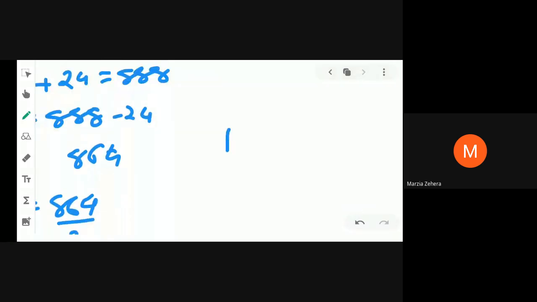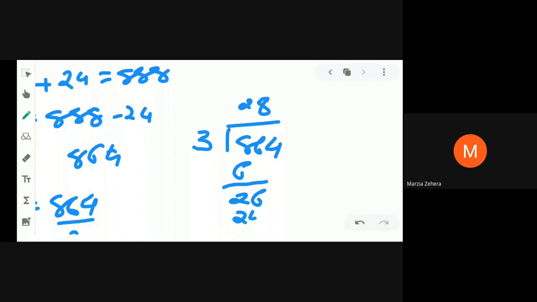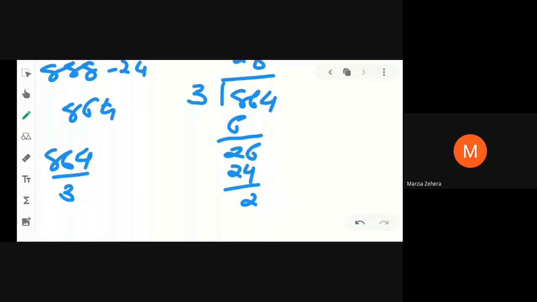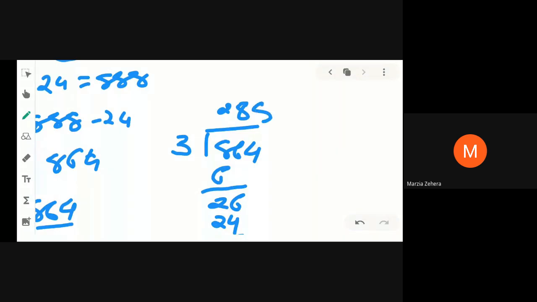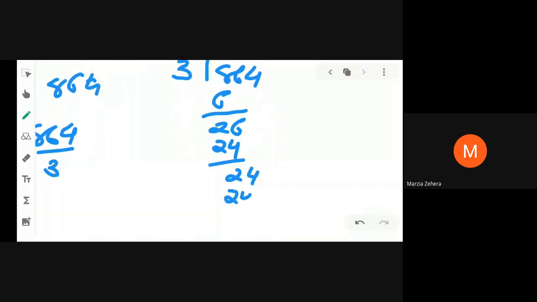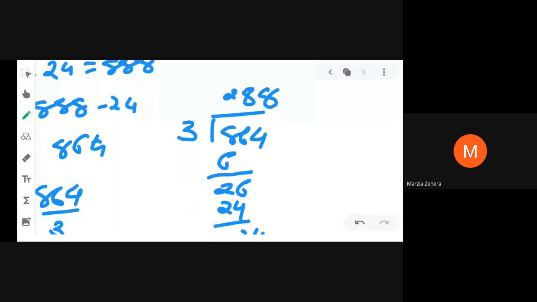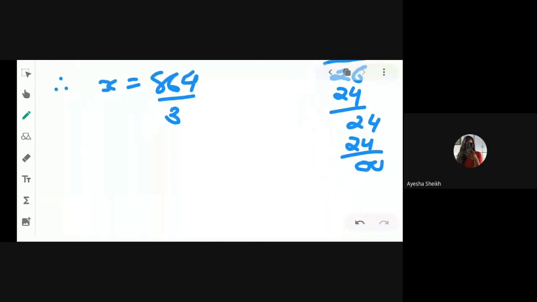So we divide 864 by 3. 3 twos are 6, 3 eights are 24, 3 eights are 24. What is the answer? 288. It means the value of x is 288, right?